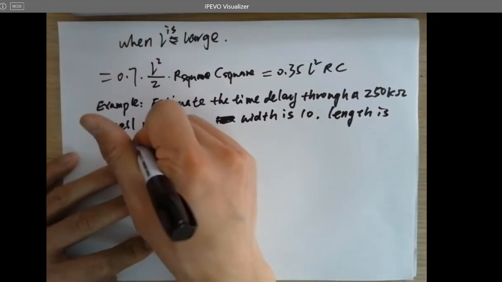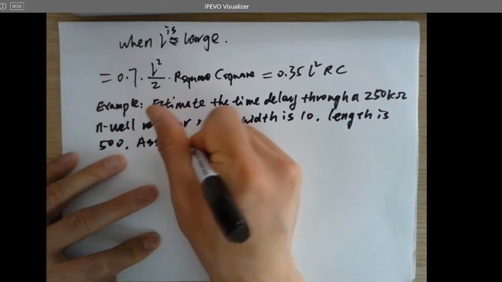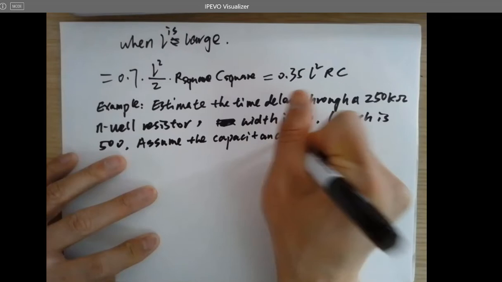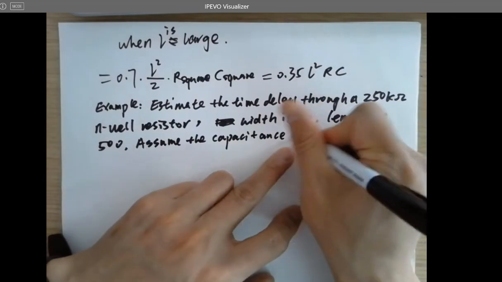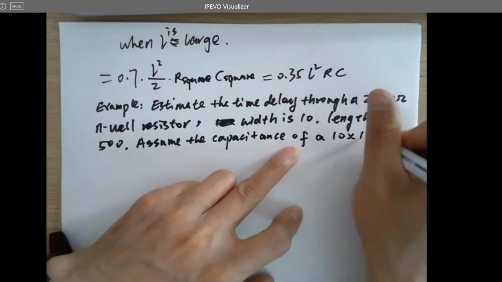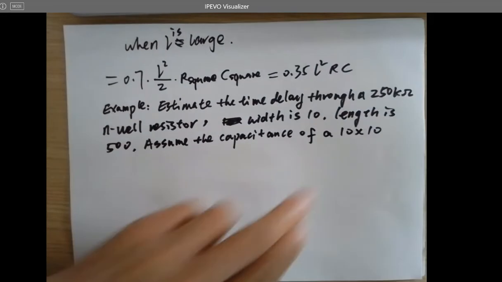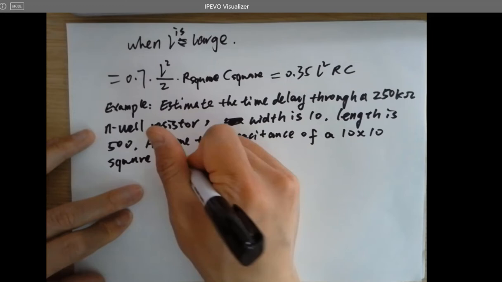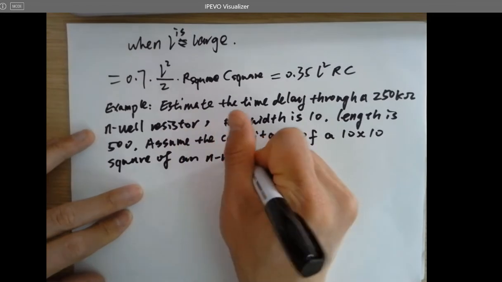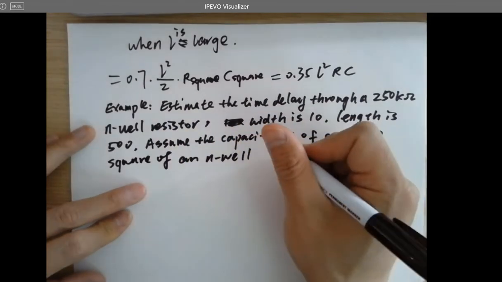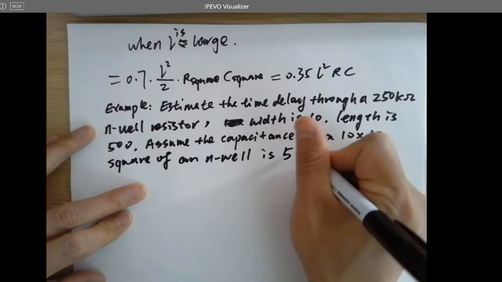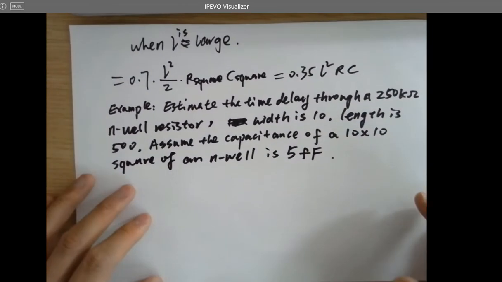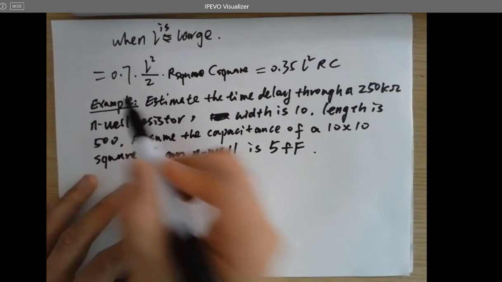Assume the capacitance of a 10 by 10 square of an N-well is 5 femtofarad. Estimate the time delay from B in to B out.